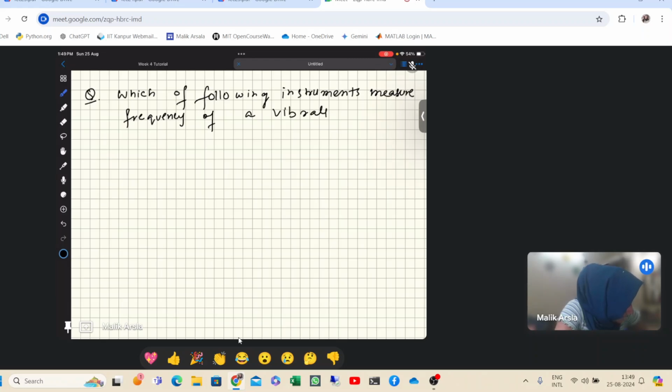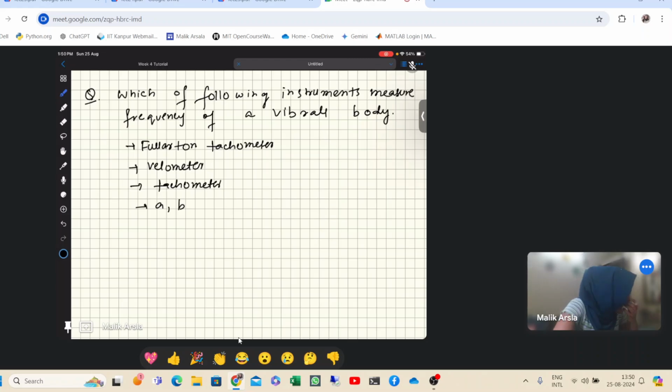Okay, so basically the natural frequency. Yeah, so first is Fullerton tachometer, velometer, then it's tachometer, or both A and B. Okay, so let me write them. Fullerton tachometer, velometer, tachometer.